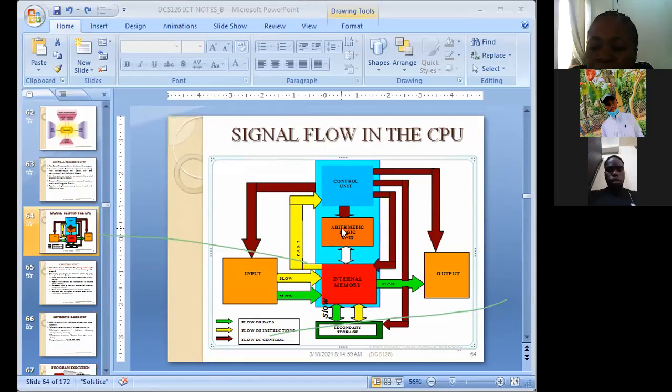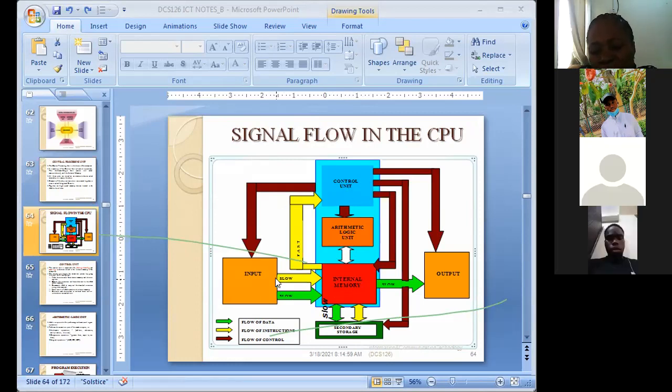It's the duty of the ALU to check the internal memory, go into that address where the two numbers have been stored. It will pick the two numbers and then swing into action, return into its own unit here, that's the ALU, and begin to do the multiplication. So that's what I've explained so far.